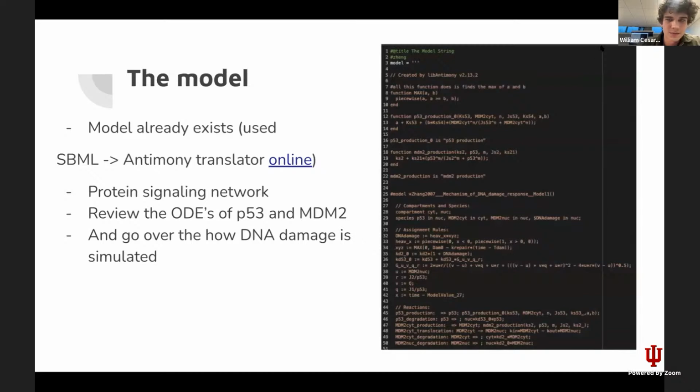The model already exists. I took the model and adapted it a little bit, added some things from a paper. And I will now review the ODEs, which is on the next slide, and go over how they simulated DNA damage because I found it interesting.